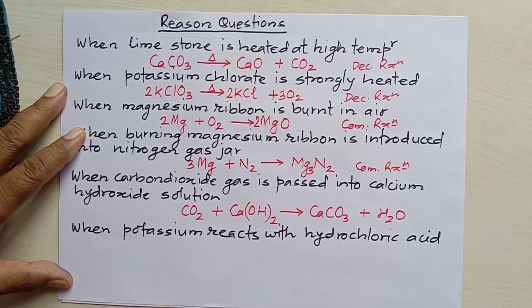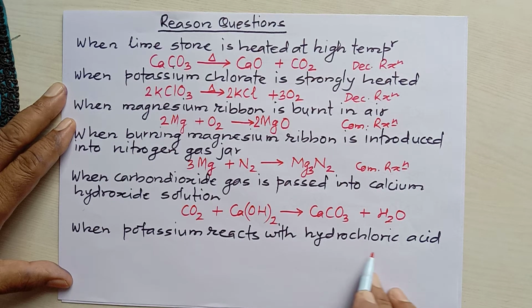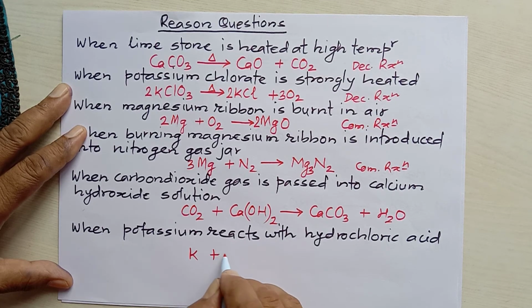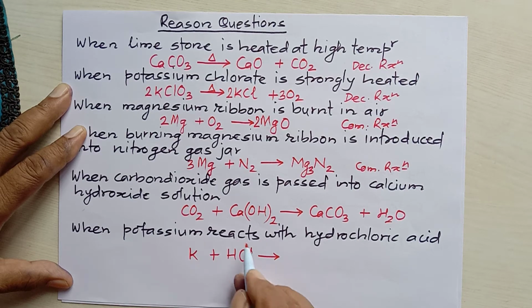Okay, now when potassium reacts with hydrochloric acid, potassium symbol K, when it reacts with hydrochloric acid, what happens? HCl. We have to remember the molecular formula of hydrochloric acid. And when they react, a metal reacts with acid, then the metal displaces hydrogen from the acid.